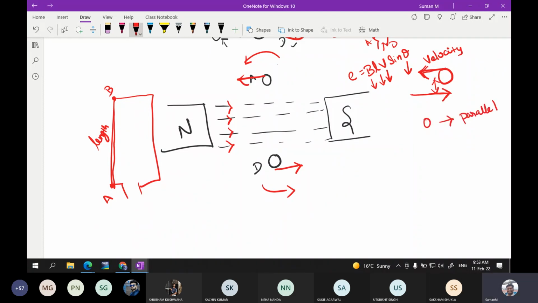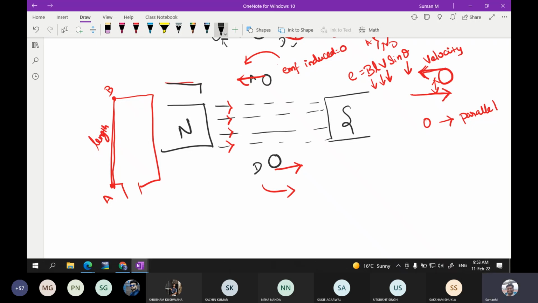So at this particular position, the EMF induced is zero.